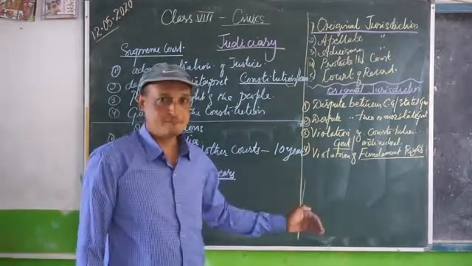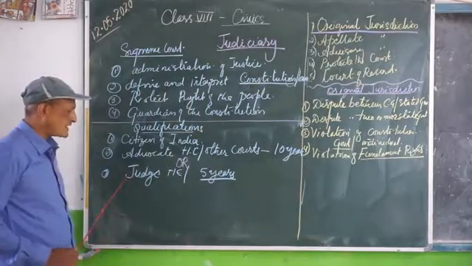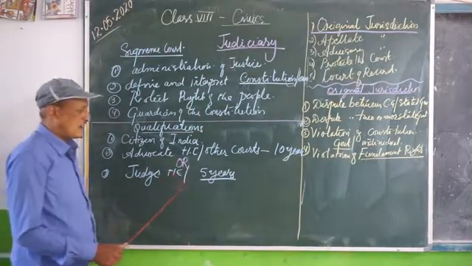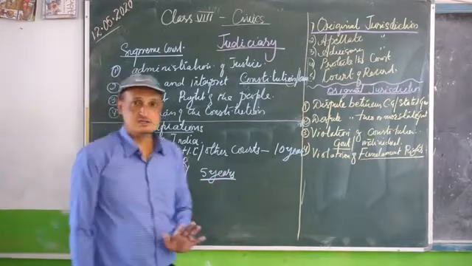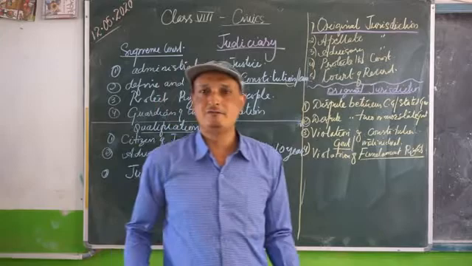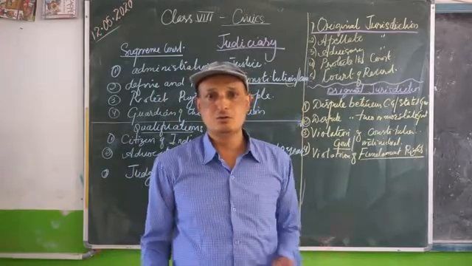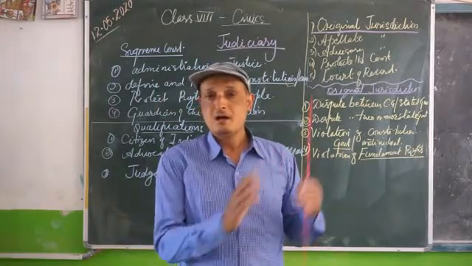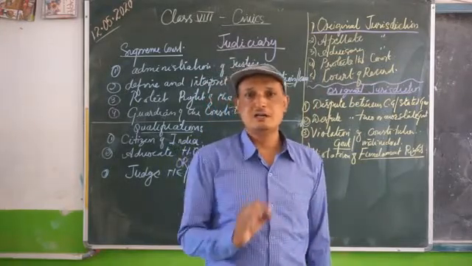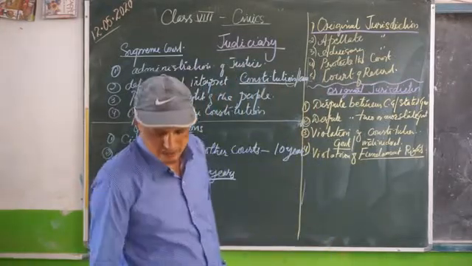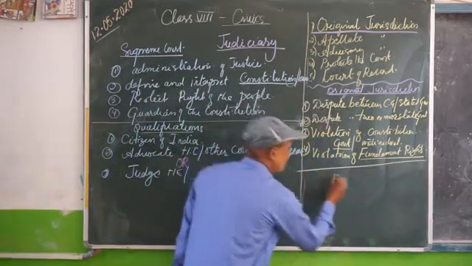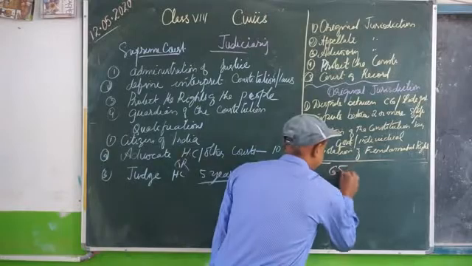If not, then he or she should have worked as a judge of a high court for at least 5 years. Then he or she can be appointed as the Chief Justice or a judge of the Supreme Court. Keep this in mind. Once appointed as a Chief Justice of the Supreme Court, he or she can stay in office for a period of 65 years.